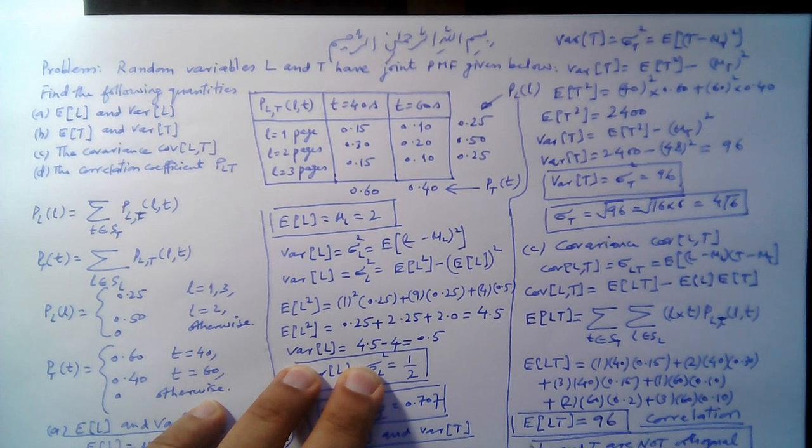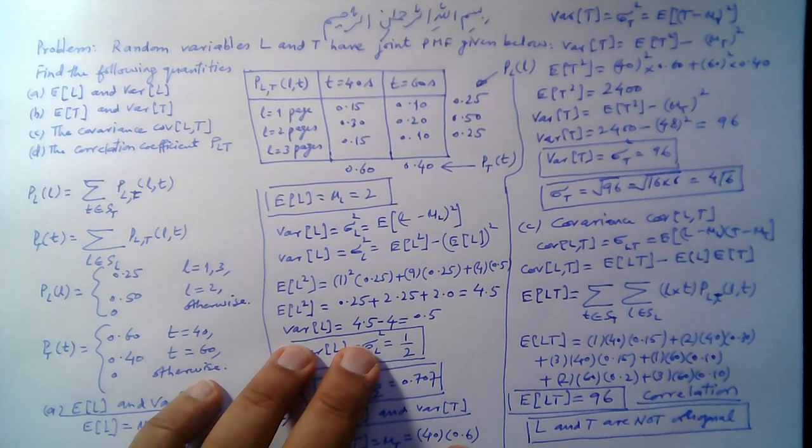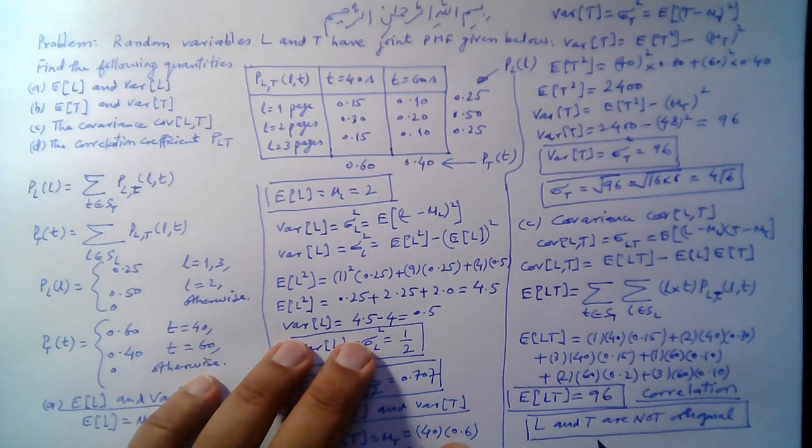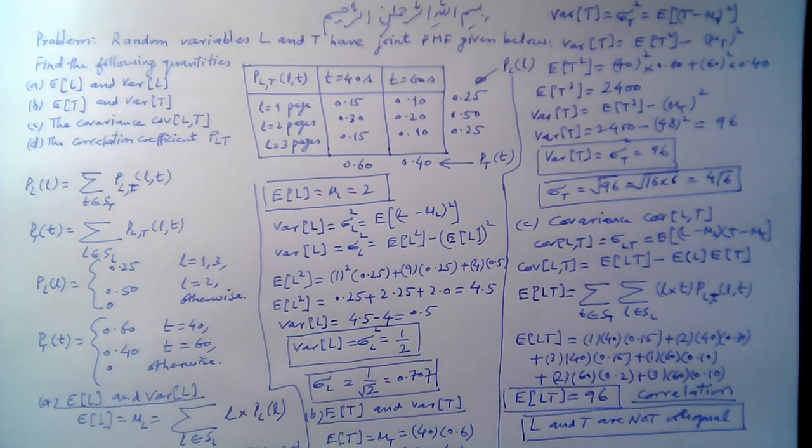Had it been 0, if the expected value of the product LT would have been 0, then we could have said that the random variables L and T are orthogonal. If the expected value of the product is not 0, then L and T are not orthogonal. Okay?